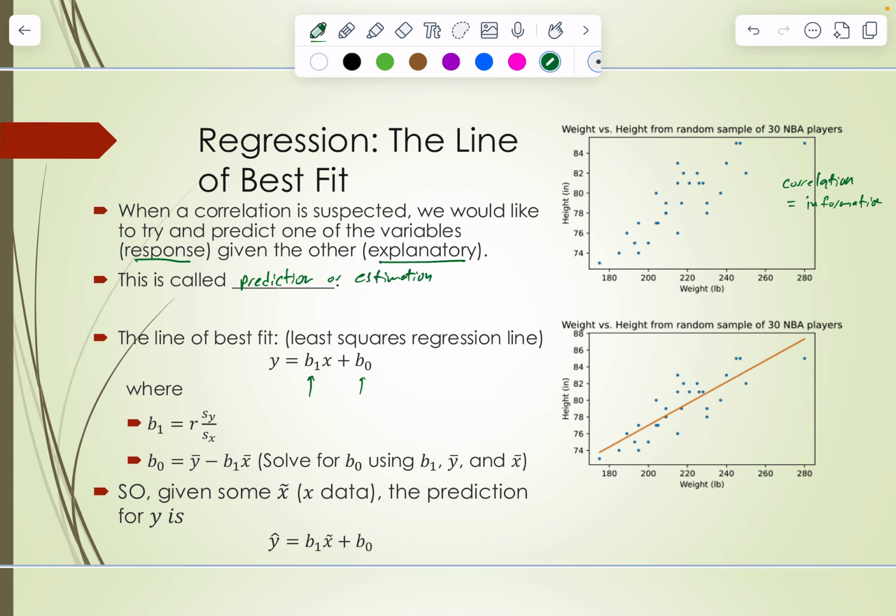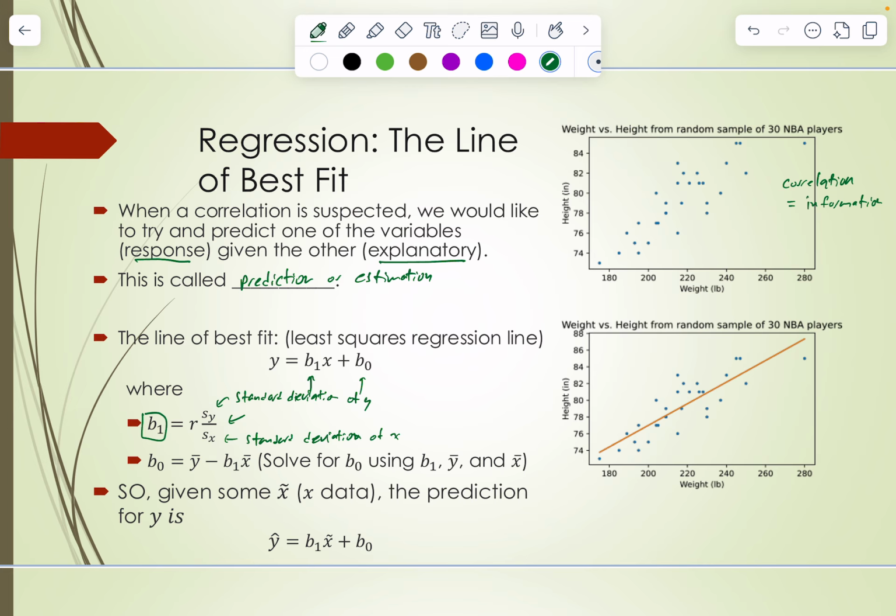Well, as it turns out, the slope of the regression line is always going to be r times the standard deviation of y divided by the standard deviation of x, and that's your B1.